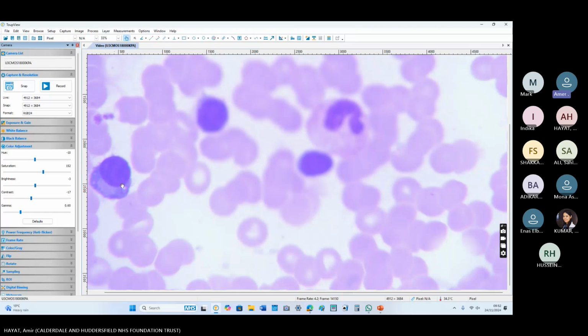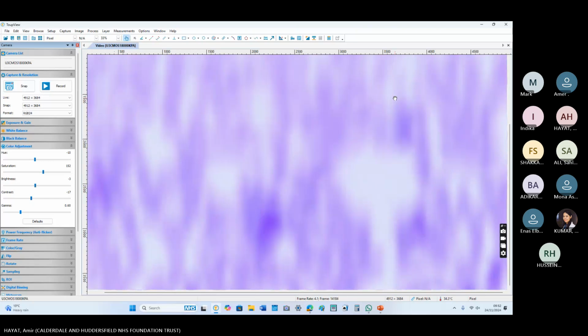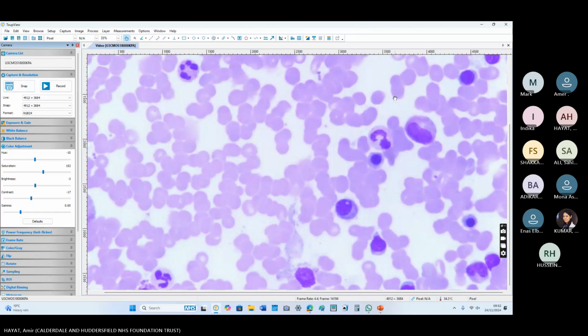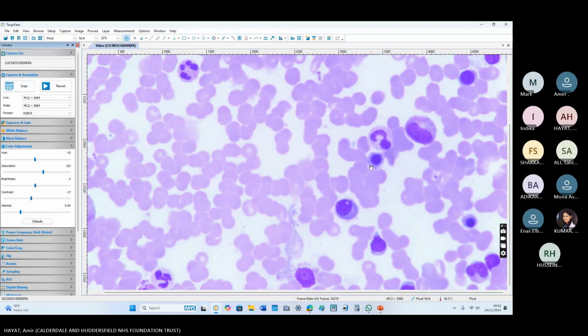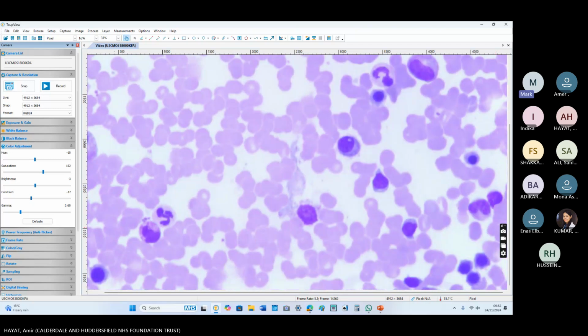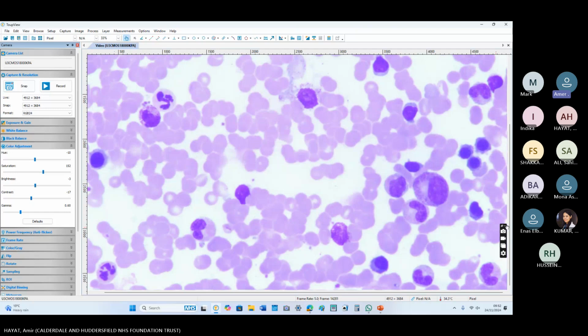This is the plasma cell. Yeah, NRBC, NRBC. That's a plasma cell. It's got the egg shape. Fried egg plasma cell. There's quite a lot here.